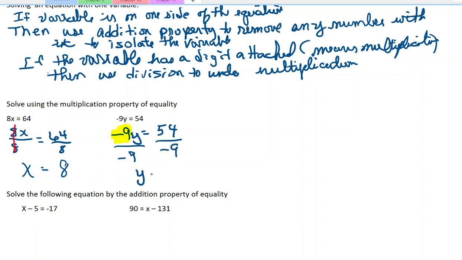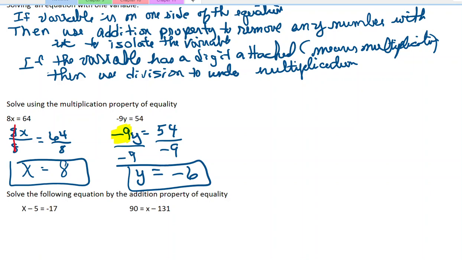So y equals a negative 6. These are called solutions. So in the computer, they want you to put the solutions in brackets. They'll show you how on the computer.